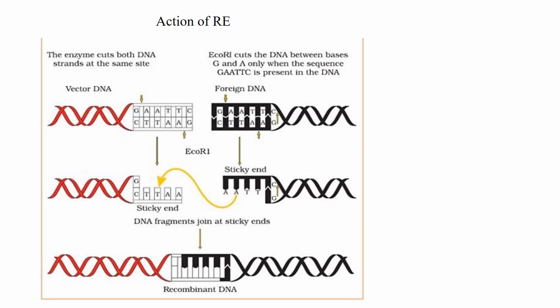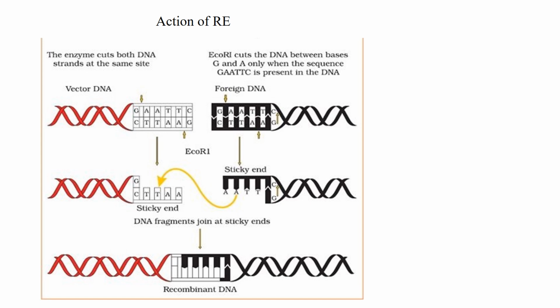Now, the action of restriction endonuclease. You see here, the enzyme cuts both DNA strands at the same site. Okay, the recognition sequence you see here and the site you see here, and this is the vector DNA and this is the foreign DNA.